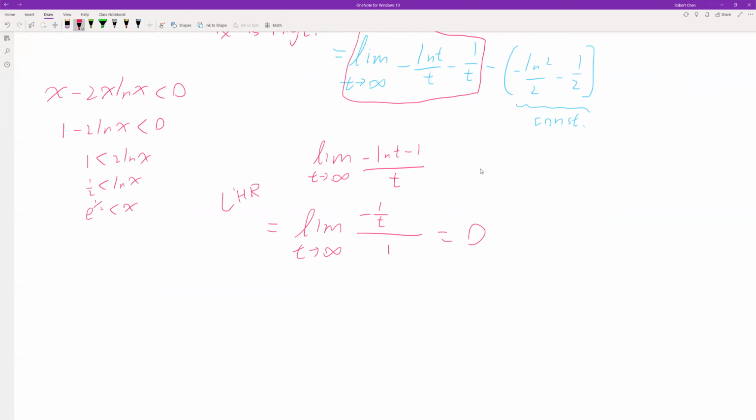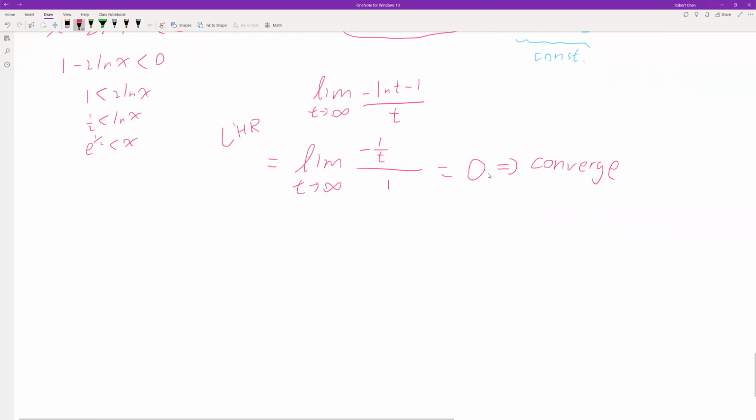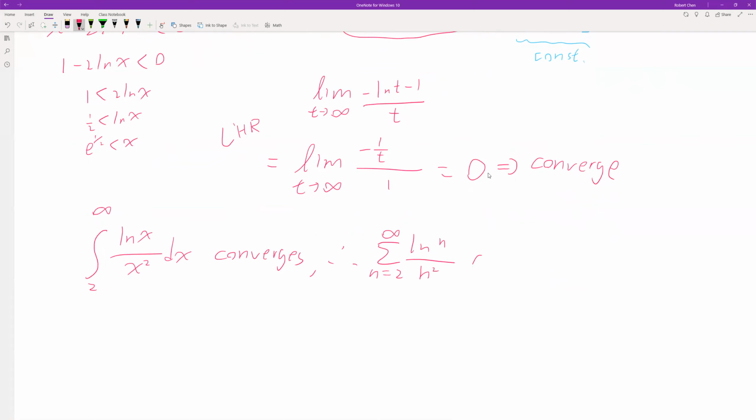So that's going to go to 0, which means it's going to converge, right? So the integral is going to converge, this whole thing. Let's rewrite it. So the integral of ln x over x squared converges. Therefore, the infinite sum that we started with, ln n over n squared, converges by the integral test.